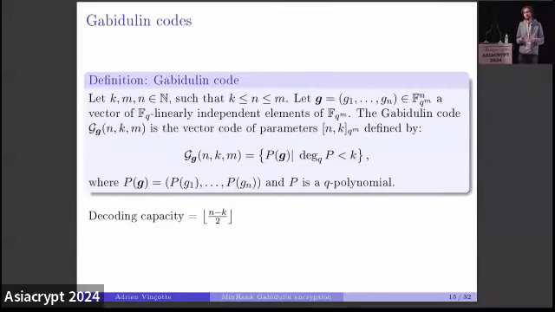We can use them to define the Gabidulin codes, which are the adaptation of Reed-Solomon codes in the context of the rank metric. Like in Reed-Solomon, you take a vector of evaluation points, and rather than considering the evaluation of standard polynomials, you consider the evaluations of q-polynomials. And like for the Reed-Solomon codes, it has a decoding capacity of (n minus k) divided by 2.